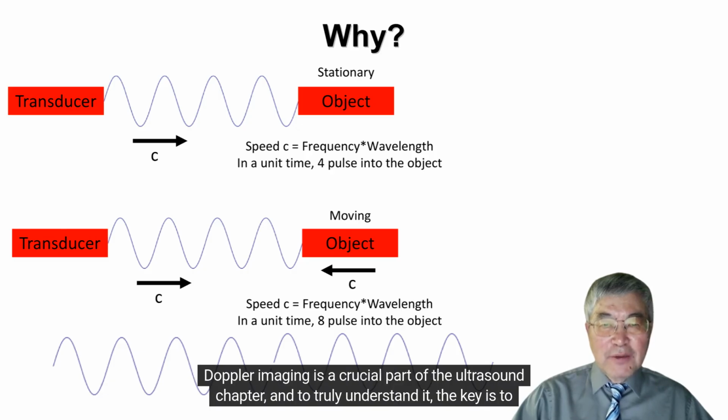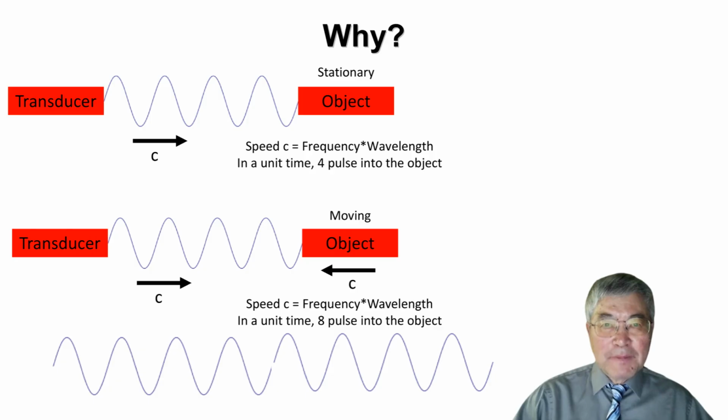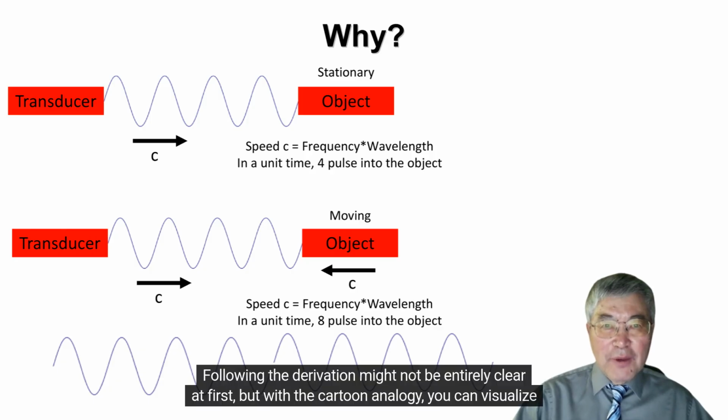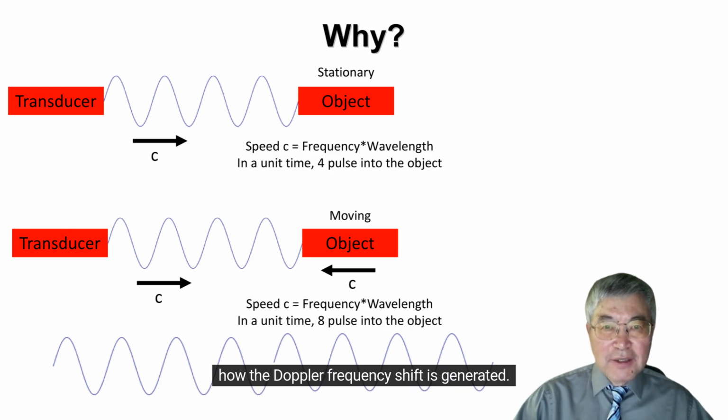Doppler imaging is a crucial part of the ultrasound chapter, and to truly understand it, the key is to grasp this formula. Following the derivation might not be entirely clear at first, but with the cartoon analogy, you can visualize how the Doppler frequency shift is generated. The same idea applies across all situations, so follow these formulas systematically.